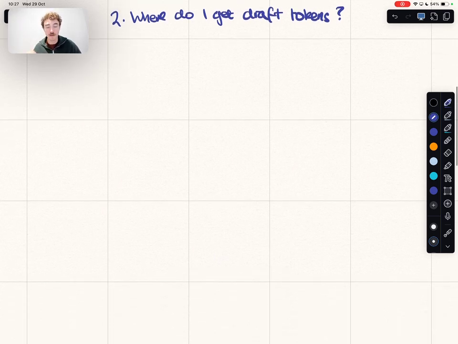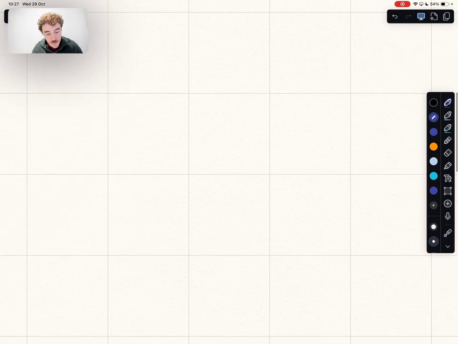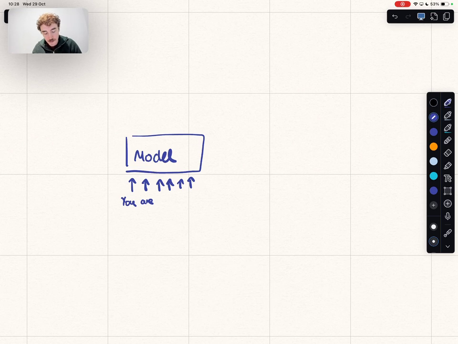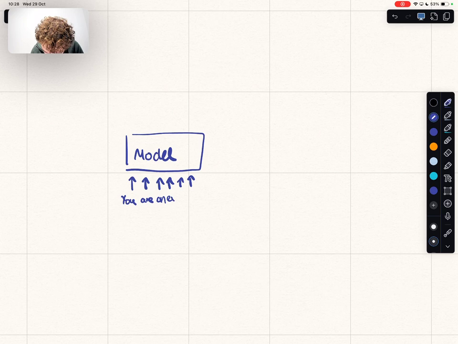To do this, we're going to have to look at the dynamics of large language model inference. Language model inference is split into two phases. In the first phase, you put in your prompt, the prompt that you send to ChatGPT or something, which is like a long sentence, and this gets processed in one step by the language model.